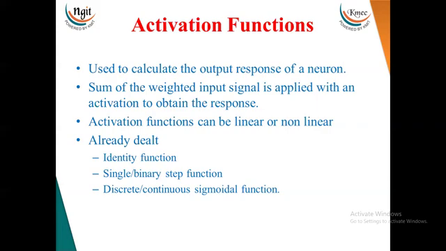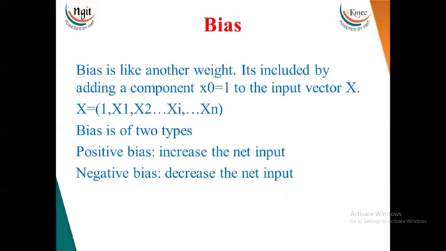These can be linear or non-linear. These are very important in order to generate a signal. Now, what is bias? We have the positive bias and negative bias. This bias is used to increase or decrease the net input. Suppose I feel that my weight is overloaded and is having a very high net signal, so I have to decrease it.